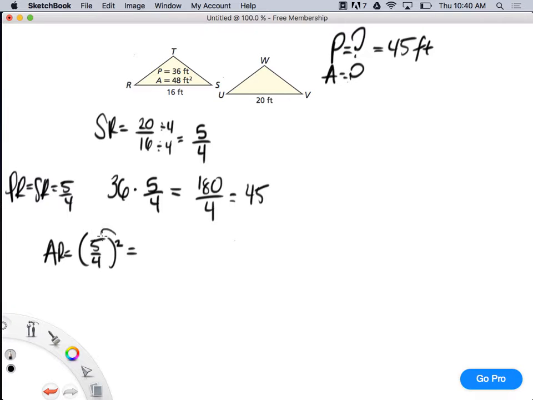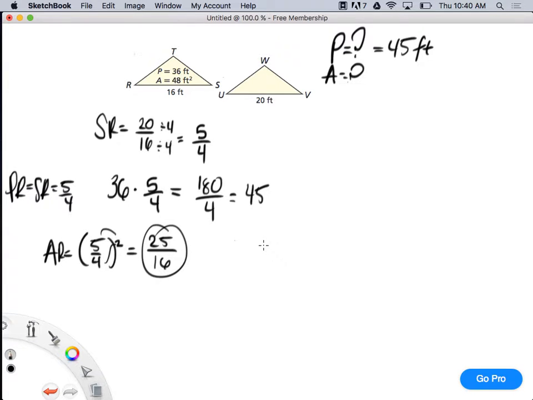So I square the top and I square the bottom. What's 5 squared, class? 25. Good. And what's 4 squared? 16. Okay. And there's no simplifying factor, so this is my area ratio.